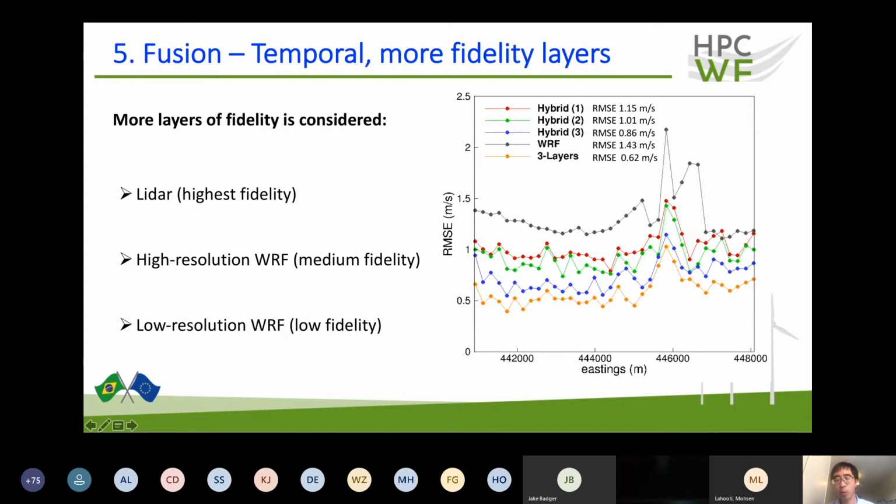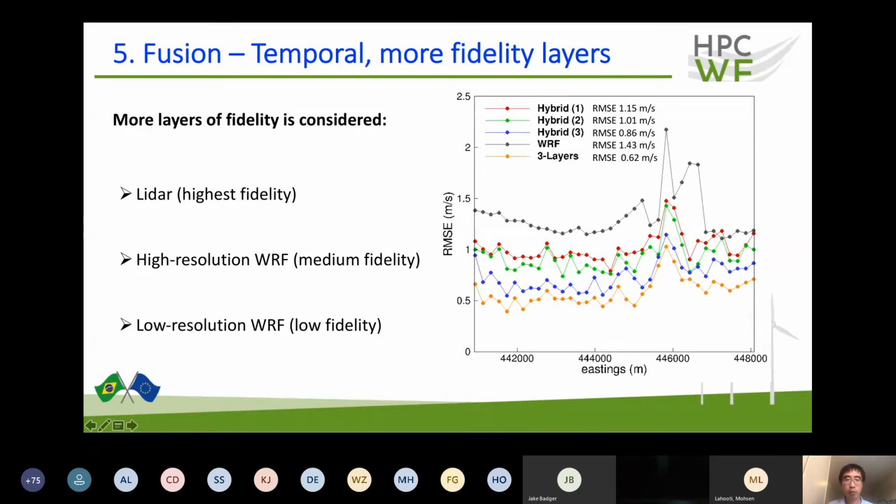It indicates that some quick and dirty numerical simulation results is indeed helpful when we combine it properly with the measurement. And then we further consider 4 layers. It stops improving, which means there's a limit by considering more layers of fidelity data in this data fusion. For these 3 layers, we reach a root mean square around 0.6 meter per second.